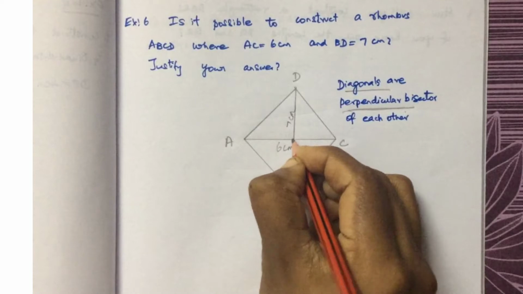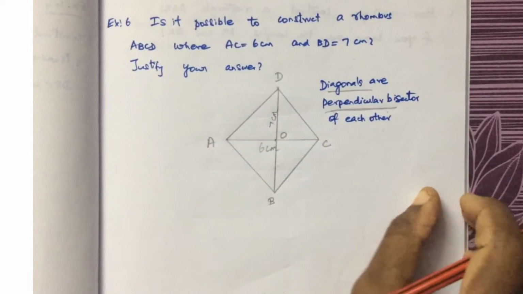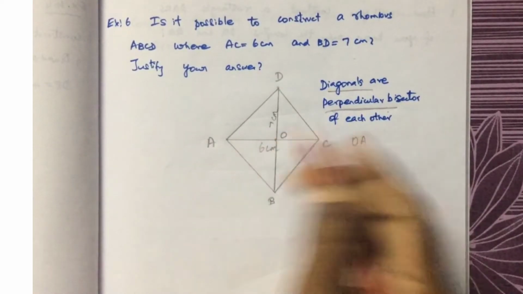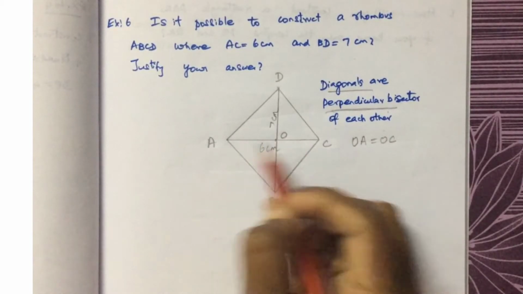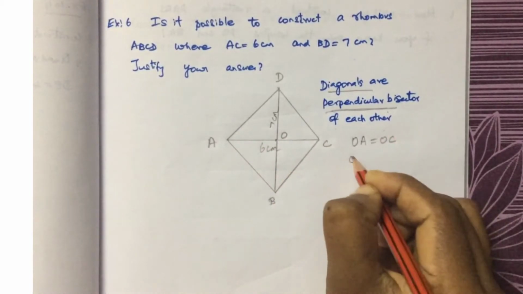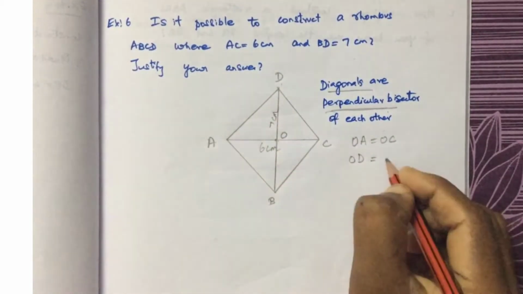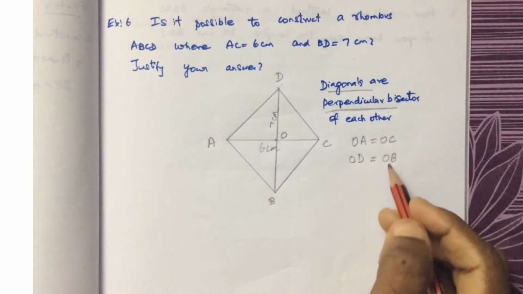These two diagonals meet at a point, let it be O. The property is that the length OA is equal to OC, and similarly OD is equal to OB. This is called a bisector.